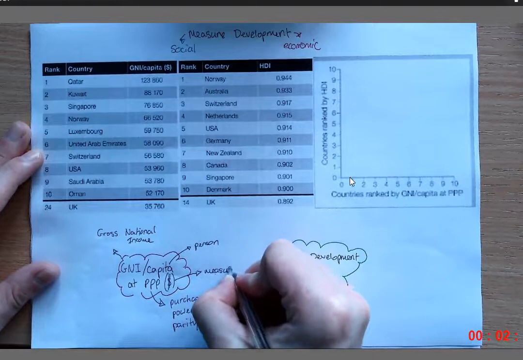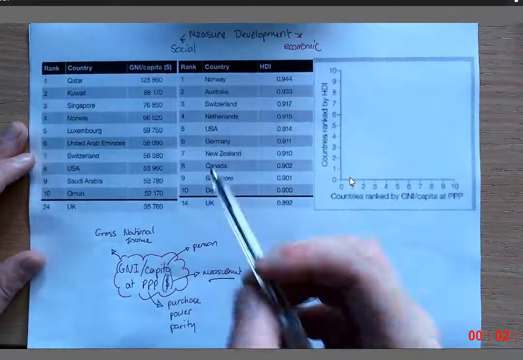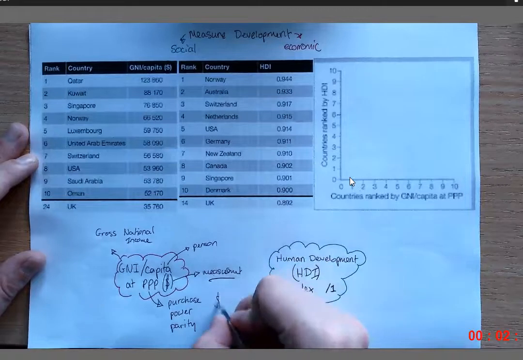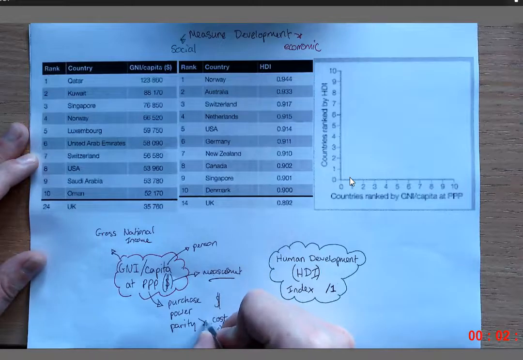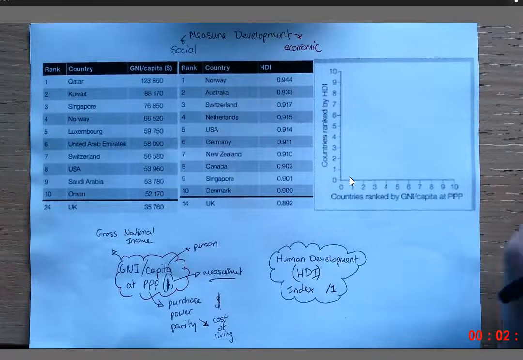It's the figure that we're going to end up with, and it also takes into account the cost of living. So it's using the US dollar, but it's also considering the cost of living in each country. Some countries like Zambia might have a much lower cost of living, but for them they make a lot less money. So you can see where we want to take that into consideration when we're coming up with this figure.